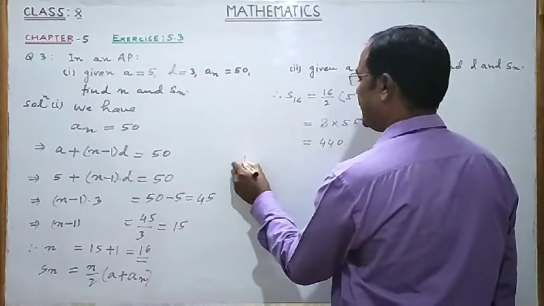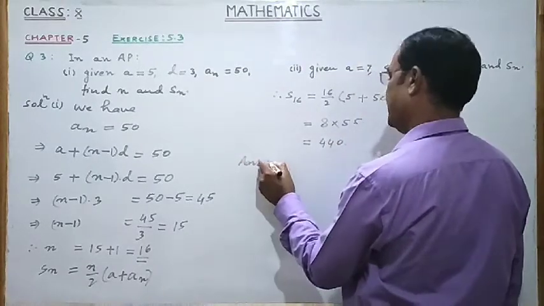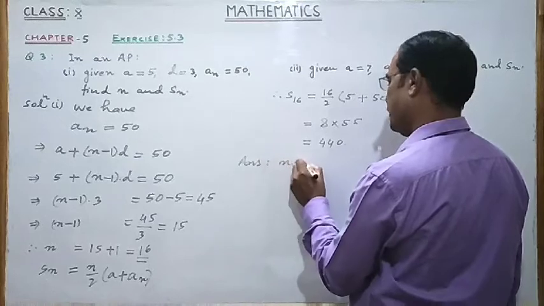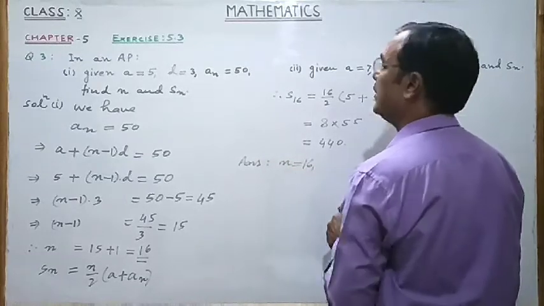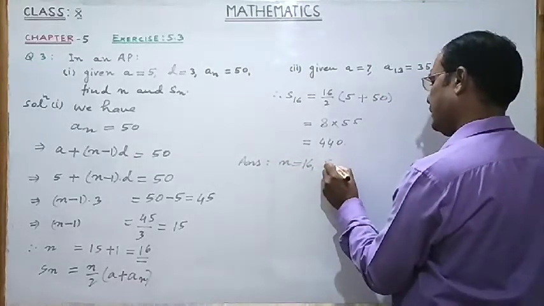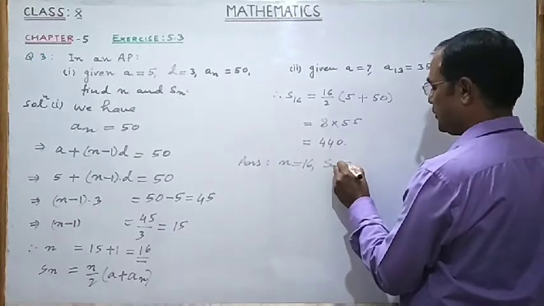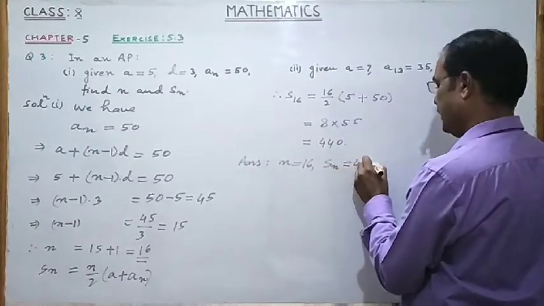So the final answer of this part is n equal to 16, the number of terms in the AP, and the sum of the first n terms is 440.